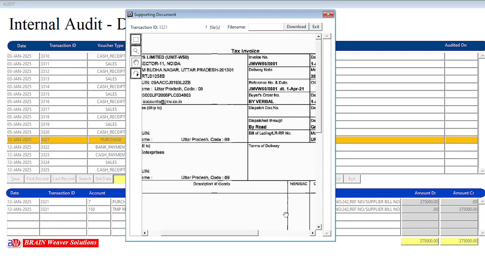So you can make your office a completely e-office by attaching all the supporting documents. Even if you lose the physical document, if you have attached the documents with each voucher, you can download it at any moment, depending upon your requirement.